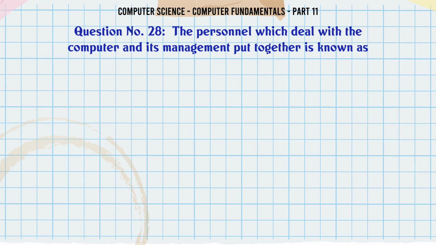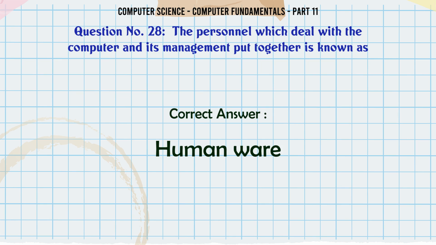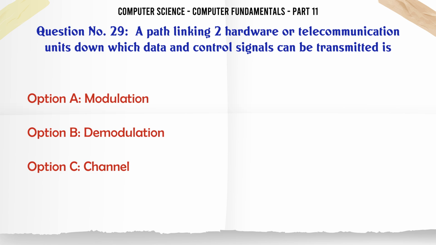The personnel who deal with the computer and its management put together is known as A. Firmware. B. Humanware. C. Software. D. Hardware. The correct answer is humanware. A path linking two hardware or telecommunication units down which data and control signals can be transmitted is A. Modulation.